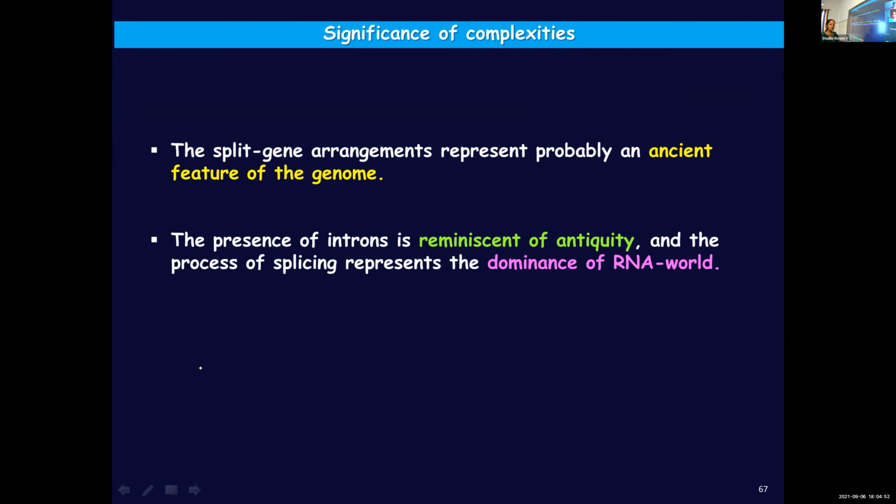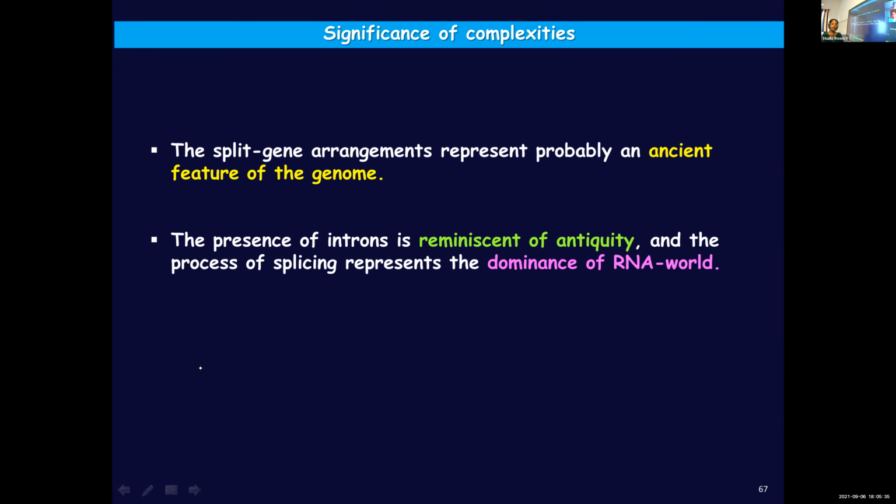The presence of introns is reminiscent of antiquity, something which existed in the past. Reflections or something which was left over from the past, that is indicated by the presence of introns, which means that for the formation of RNA it was required. So it might have had some function earlier, but once the RNA has been formed, it is no longer functional. And the process of splicing represents the dominance of the RNA world, because RNA decides whether introns should be present or not.